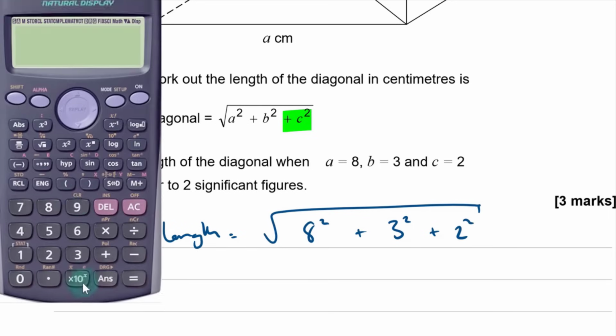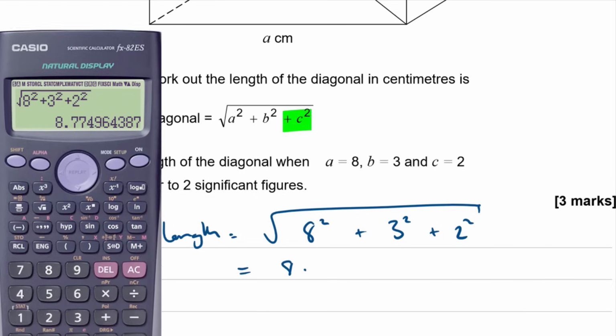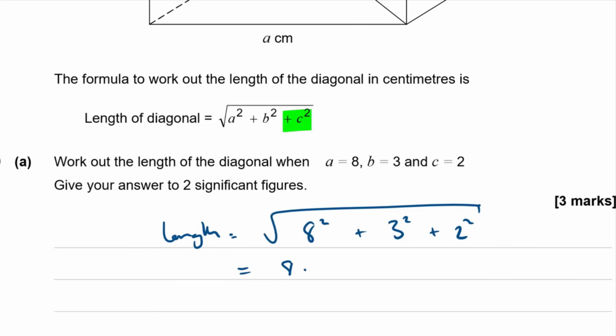So job for my calculator, root 8 squared plus 3 squared plus 2 squared. That gives me 8.77. Oh, two significant figures, 8.8.